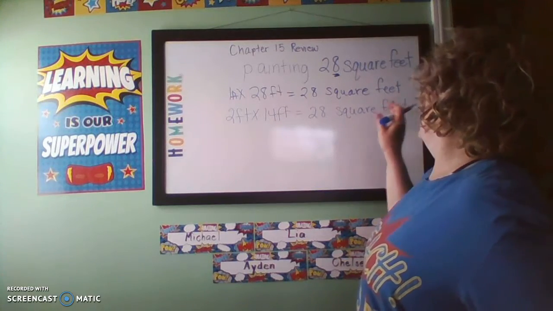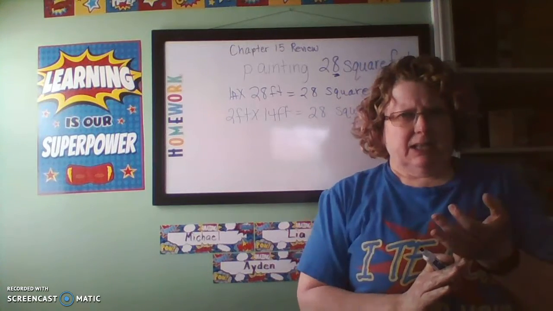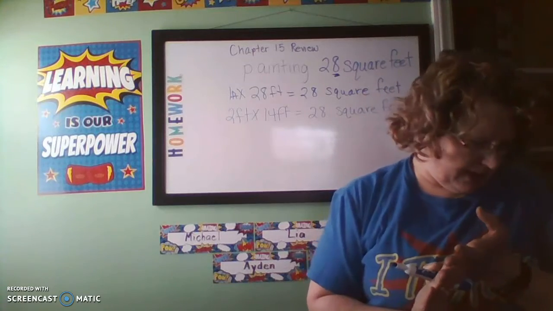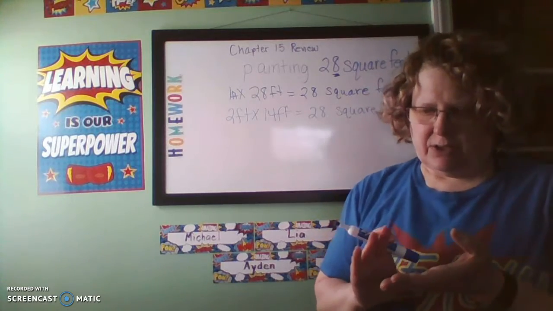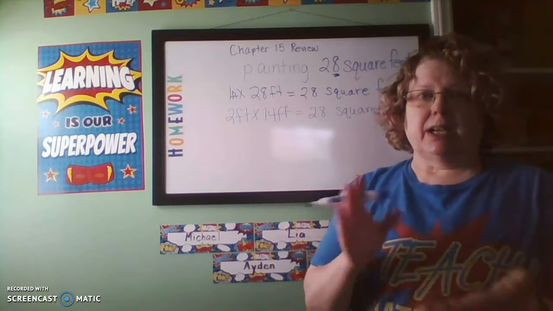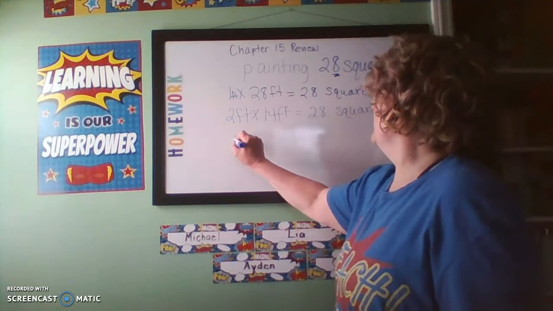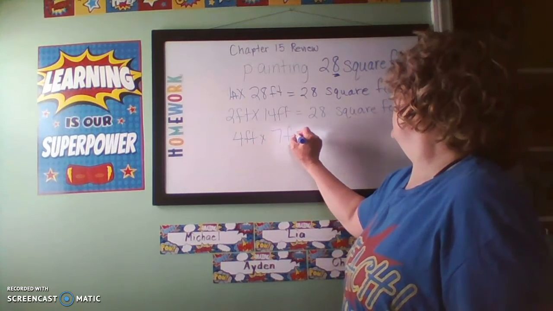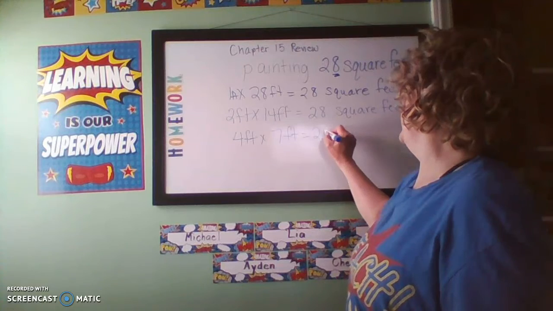Now, if I go to 3, well, I know that 3 times nothing is 28, so then I'm going to go to 4. And I know 4 times 7 is 28.